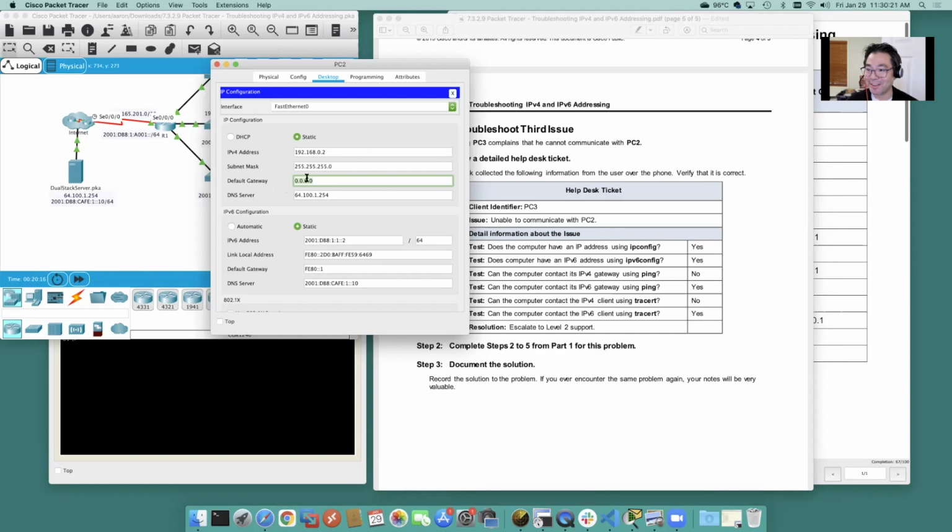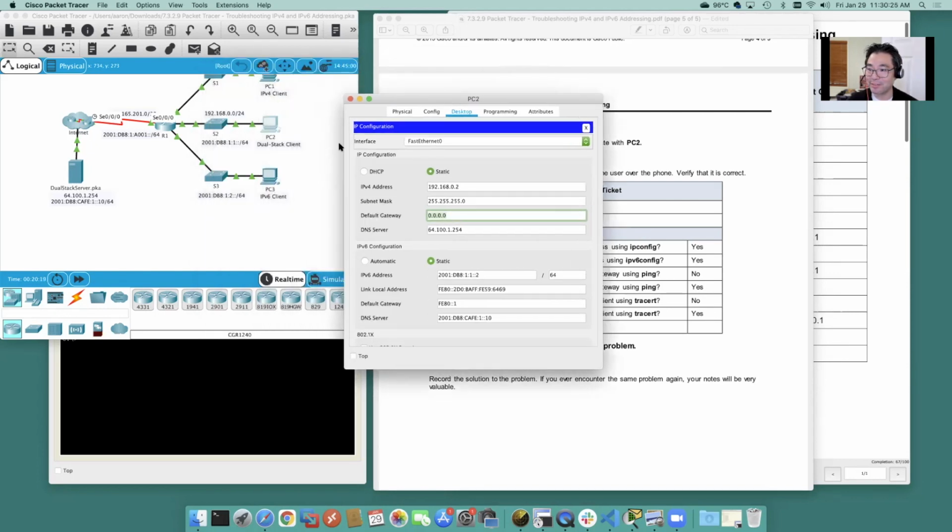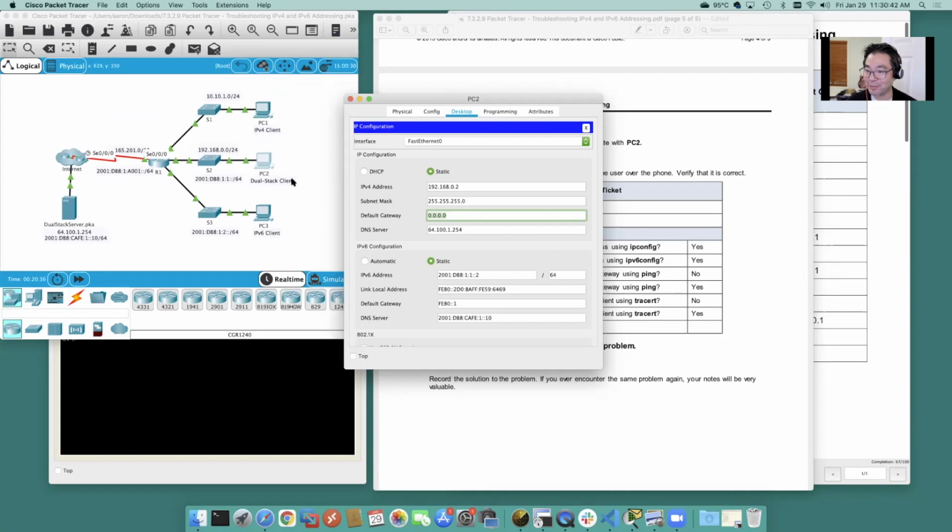Nothing in the default gateway? This is fine if the PC just needs to communicate via IPv4 on this network, if you don't need it to leave. However, if you do, you might run into a few issues.